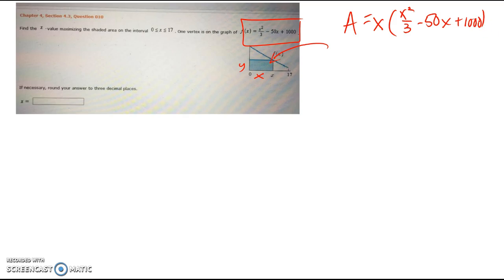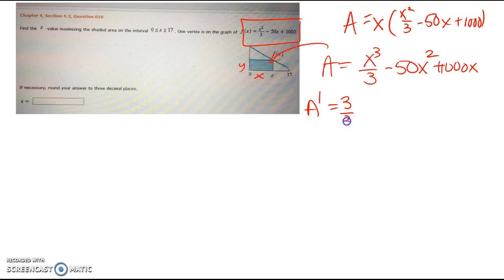So our area, if we multiply through, is x to the third over 3 minus 50x squared plus 1,000x.